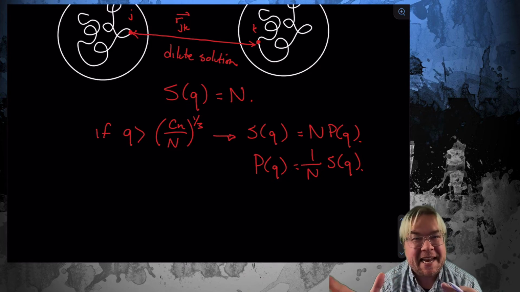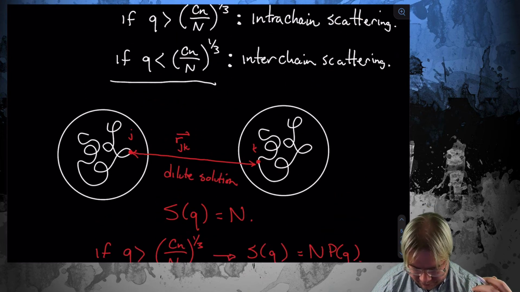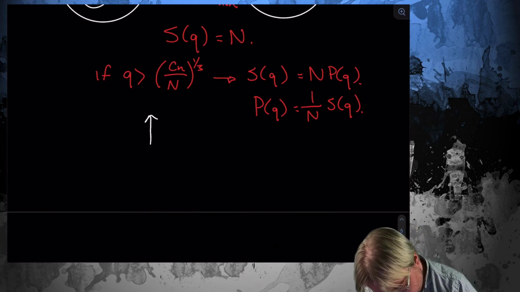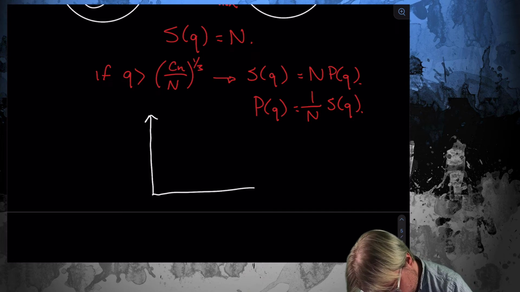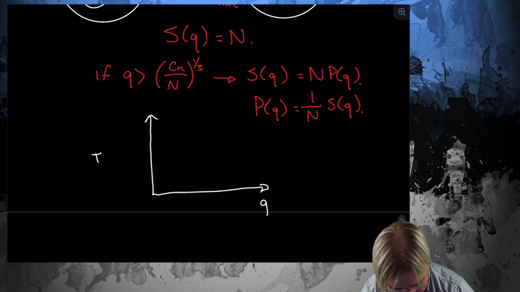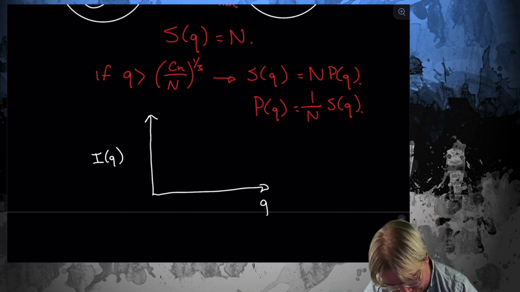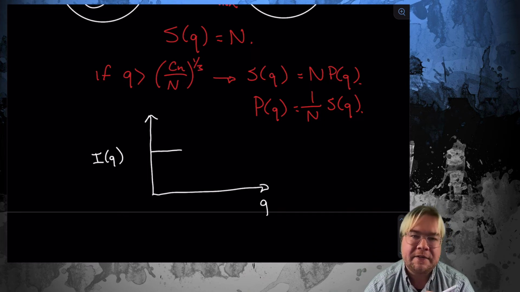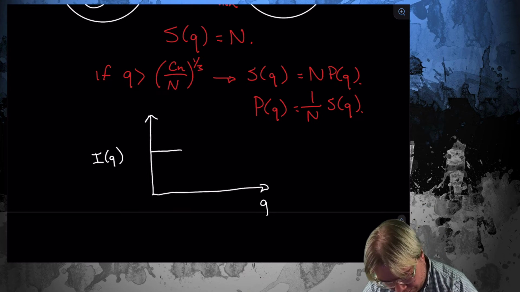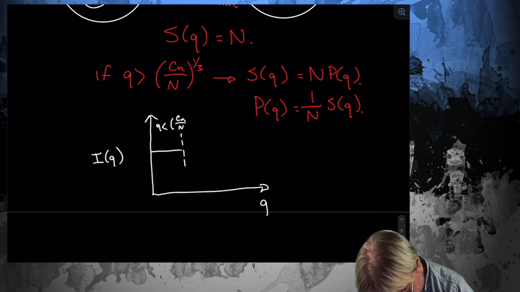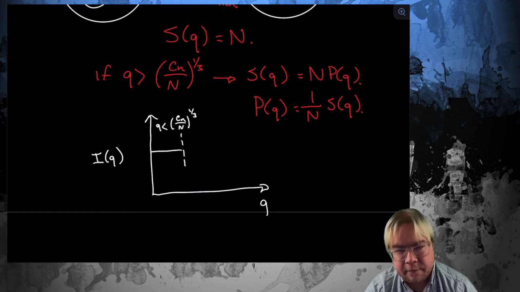Okay, so this is just setting things up. We see that at least with this simple description, we're getting the right behavior. We're getting the general shape of the scattering curve, right? In other words, when S of Q is equal to N, we have something that's constant. This is Q less than Cn over N to the 1/3.